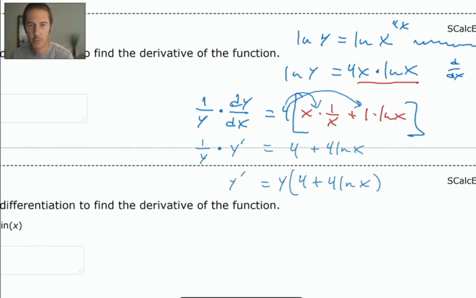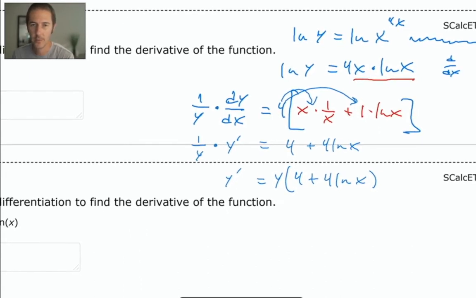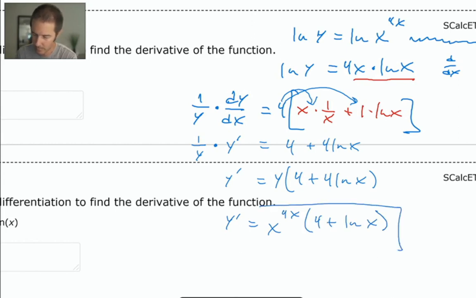And the original problem tells us that y is equal to x to the 4x. So y prime is equal to x to the 4x times 4 plus 4 natural log of x. This is your final answer.